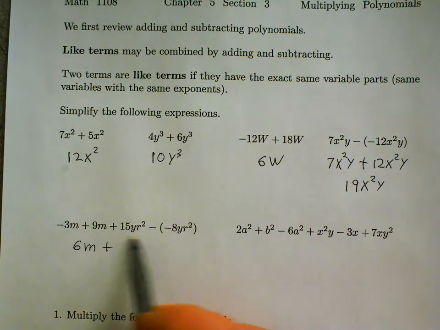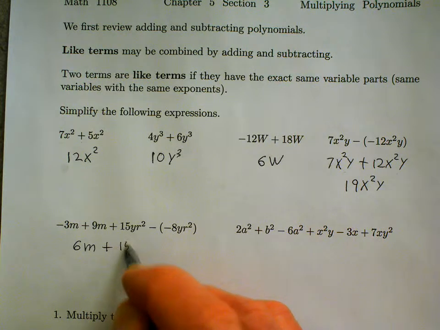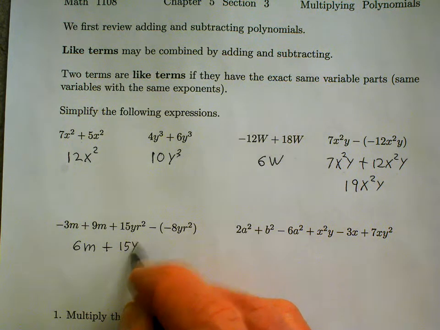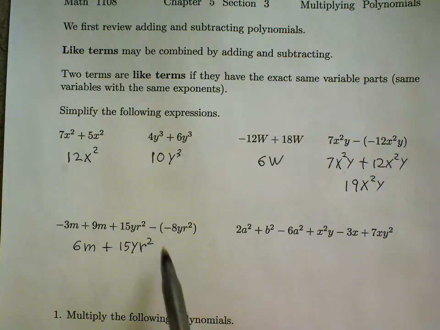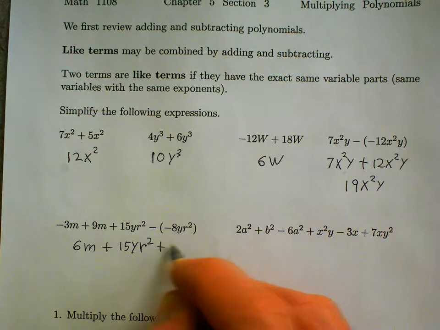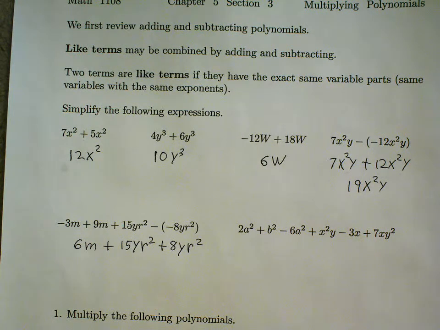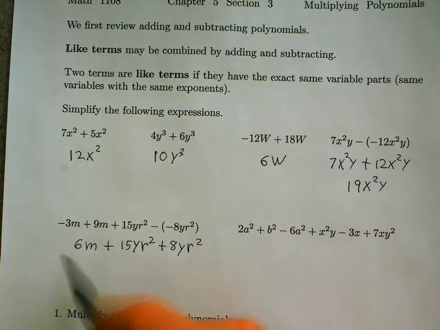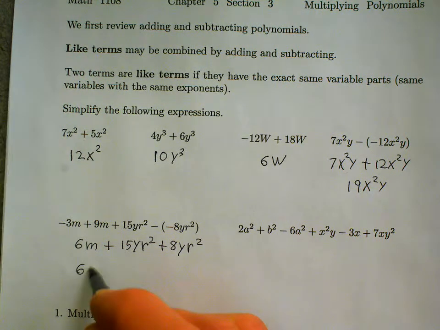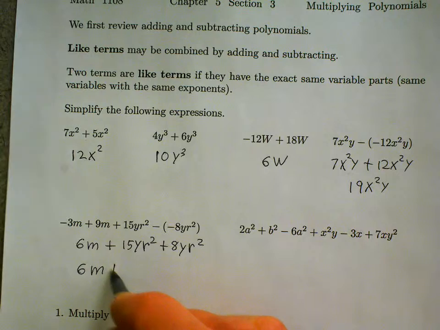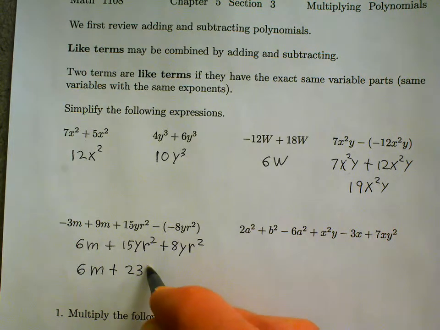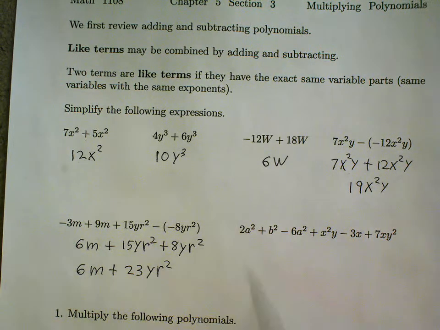And then for the other terms, we'll write plus 15yr to the second and plus 8yr to the second. Since the second and third terms are like terms, we can combine them by adding. So our final result is 6m plus 23yr to the second. And that is as far as we can go on that one.